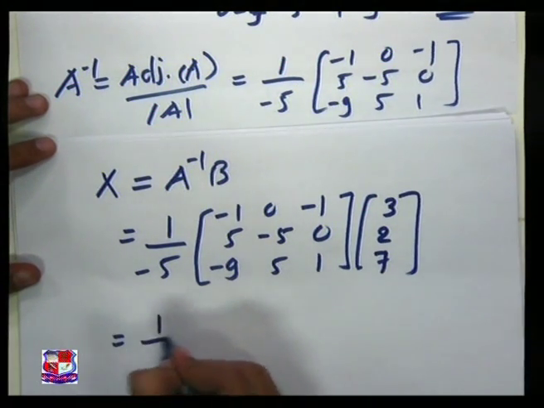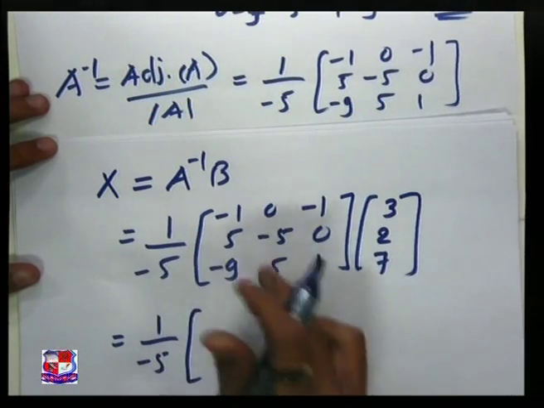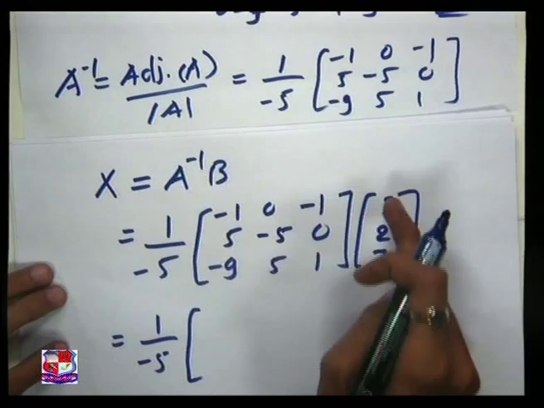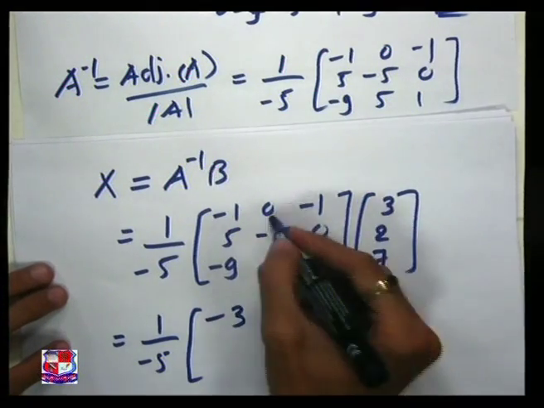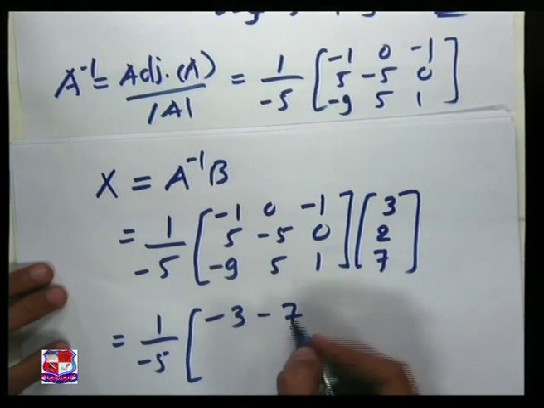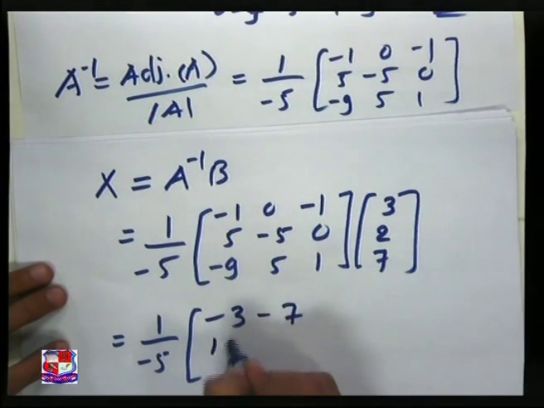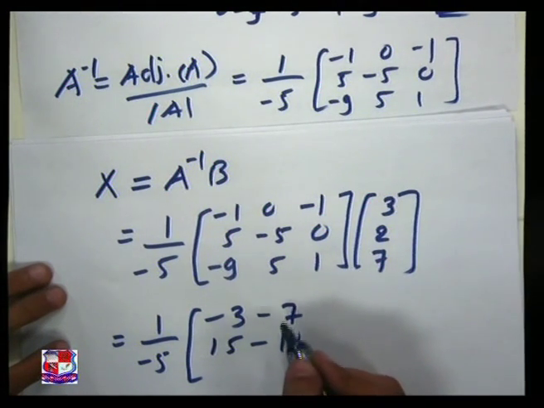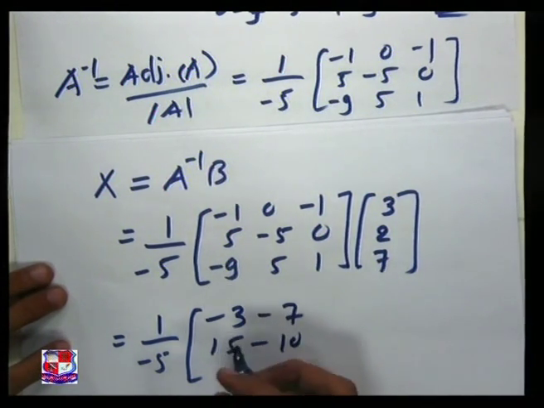So by again multiplying these two matrices, I will get here minus 1 into 3, that is minus 3, 0, and minus 7. So minus 3 minus 7. For the second one, that is 15 minus 10, and for the third one, that is minus 27.